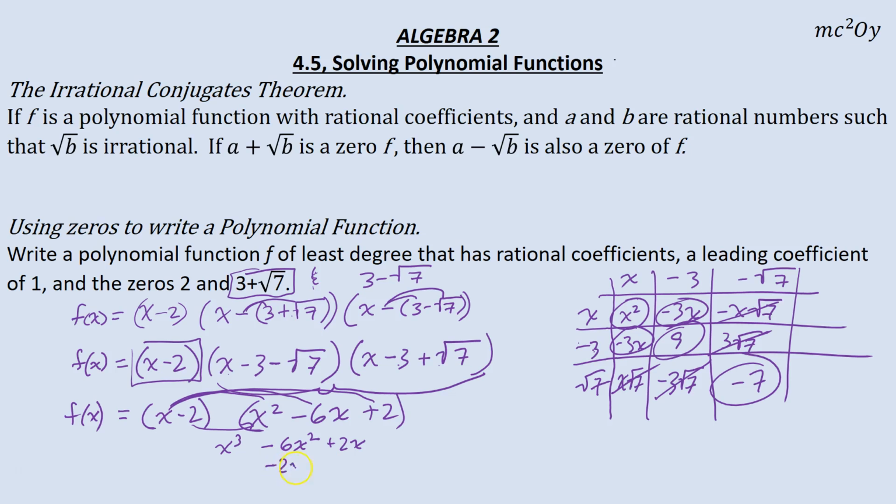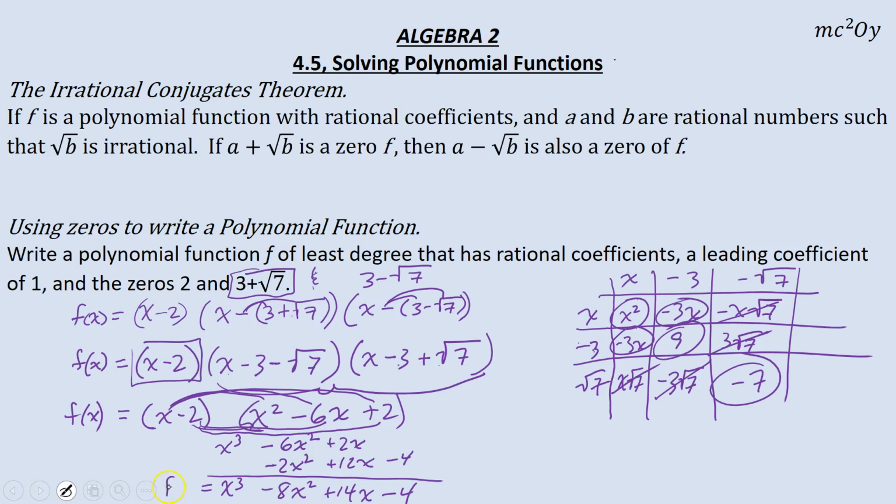Negative 2 times negative 6x is, excuse me, positive 12x. Negative 2 times positive 2 is negative 4. So that gives me x cubed minus 8x squared plus 14x minus 4, all equals f.